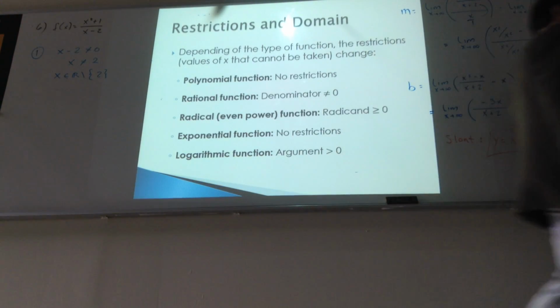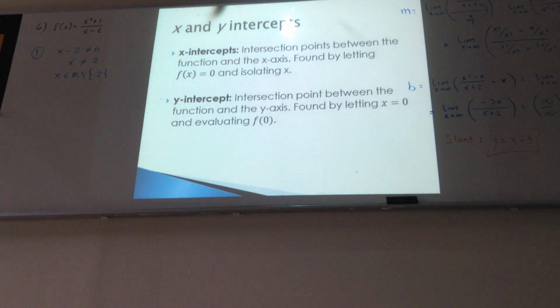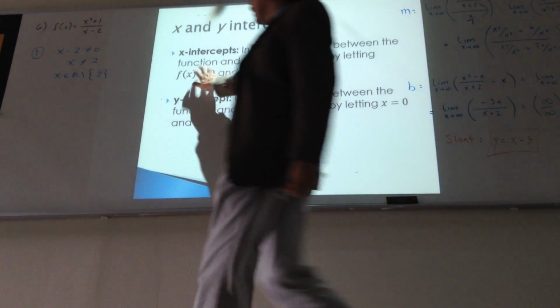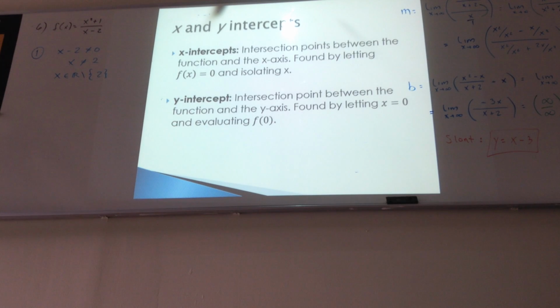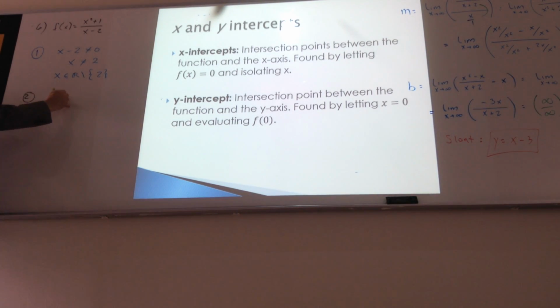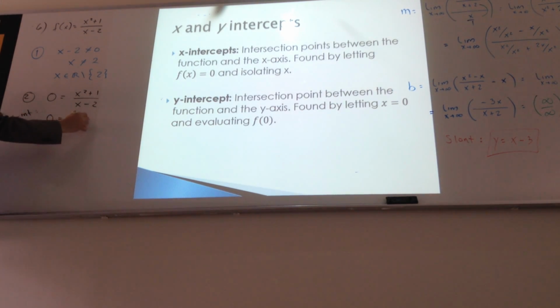X-intercept. Set f of x equal to 0 and isolate x. So 0 equal to x squared plus 1.